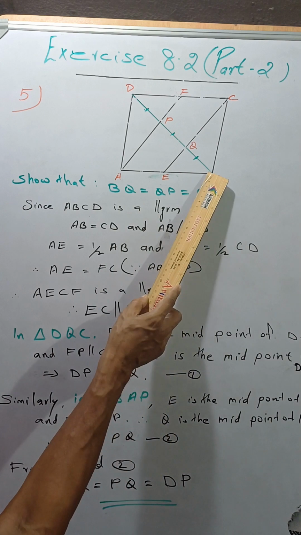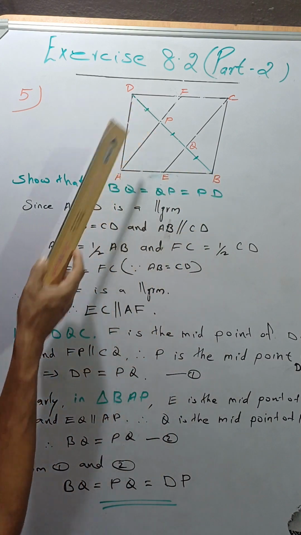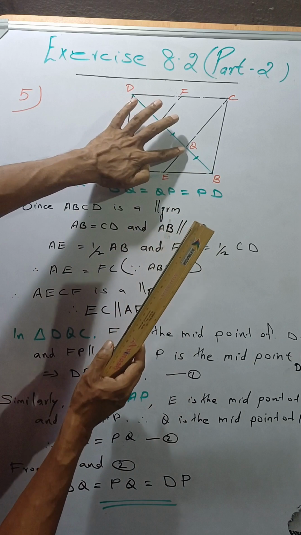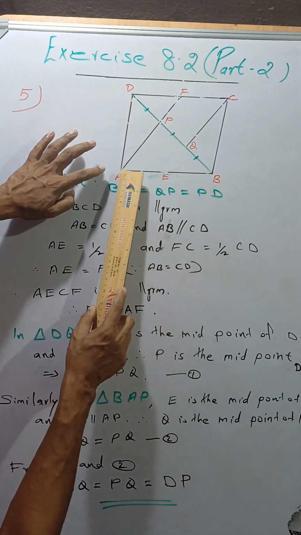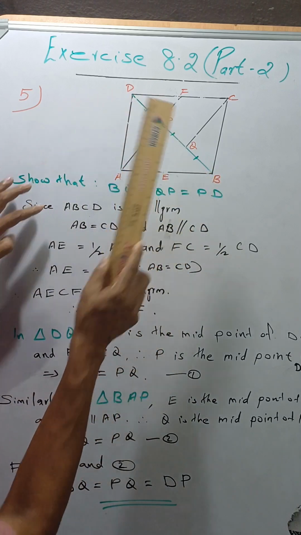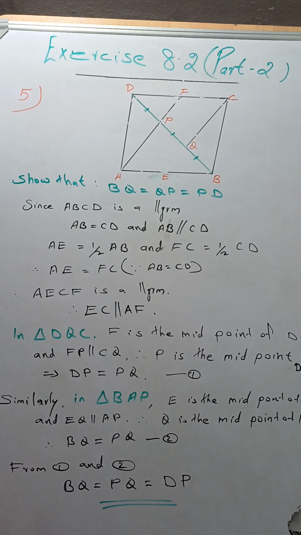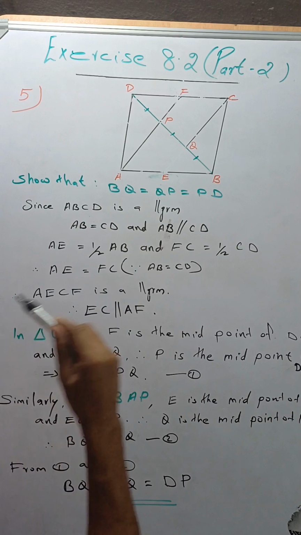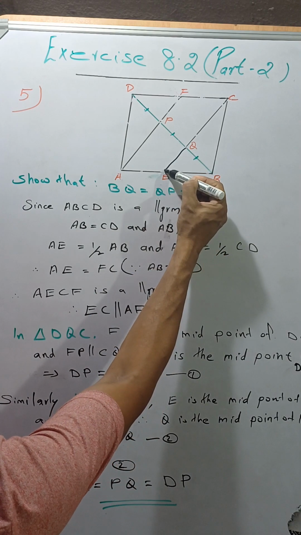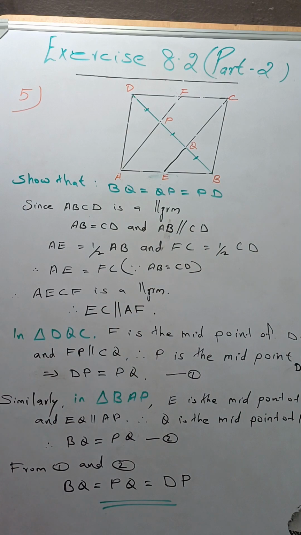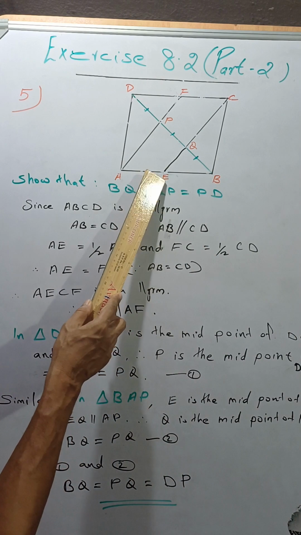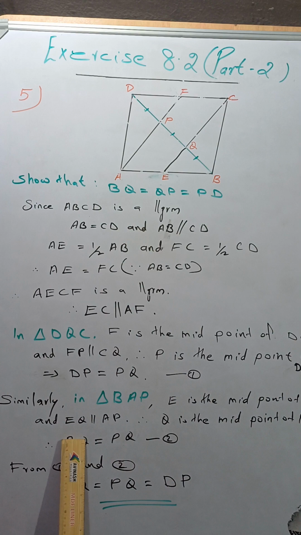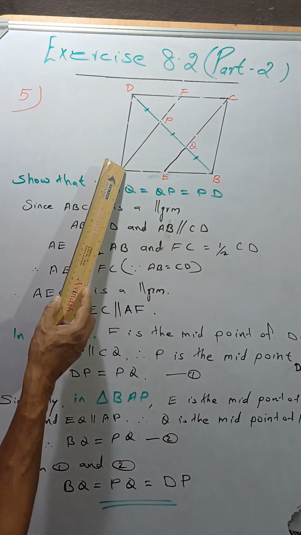Similarly, we are taking the other triangle, BAP. E is the midpoint of AB and EQ is parallel to AP.